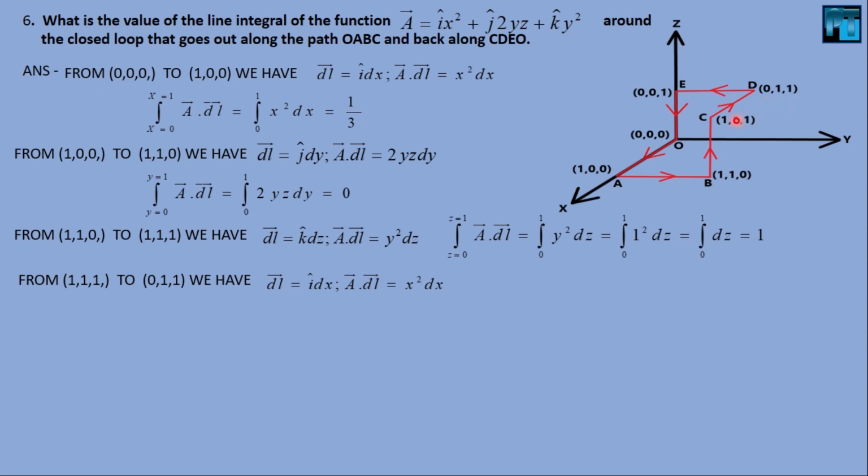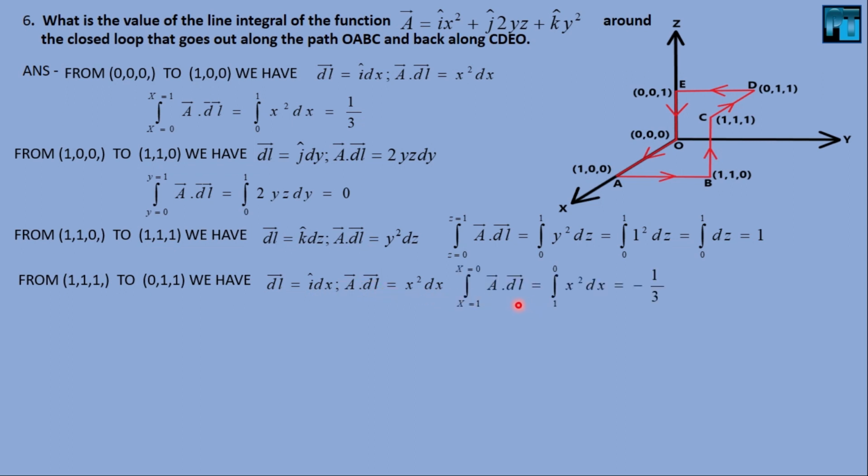Now from 1 1 1 to 0 1 1. So y and z components are not changing and their value is 1. x is changing from 1 to 0. Be very careful with the limit: the lower limit will be 1, the upper limit will be 0. And as well we have dl equal to i cap dx and A dot dl equal to x square dx.